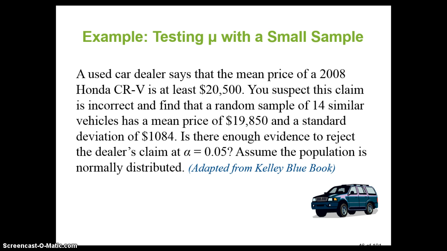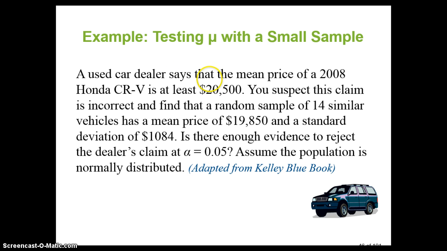So here's the first thing we need to do looking at this statement. We need to figure out what is the hypothesized mu that they're telling us in the problem. And in this case, the used car dealer suspects that it's at least $20,500. So that statement right there is your actual mu that you're going to use for your hypothesis statements.